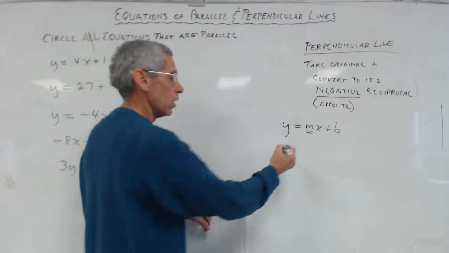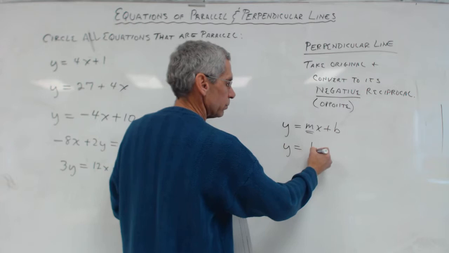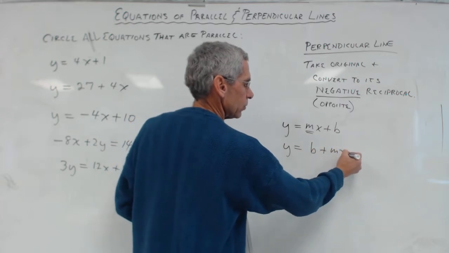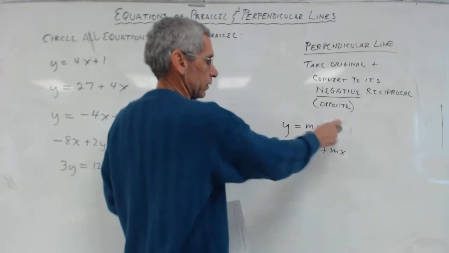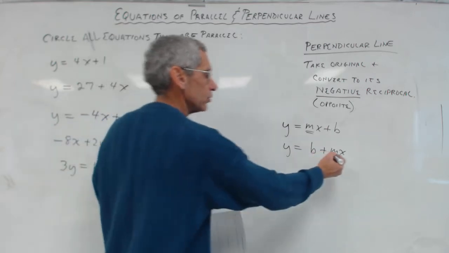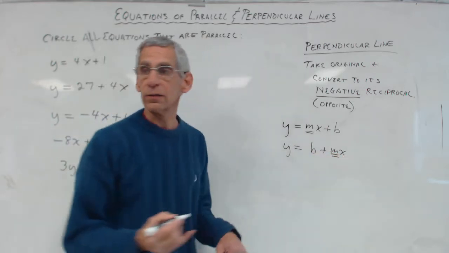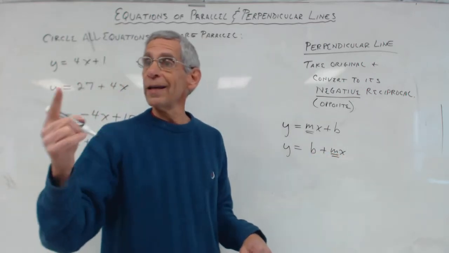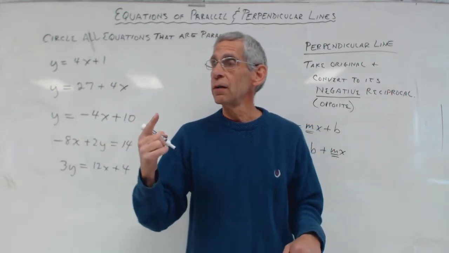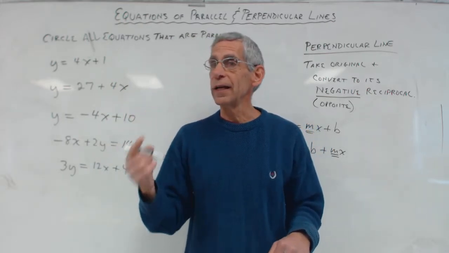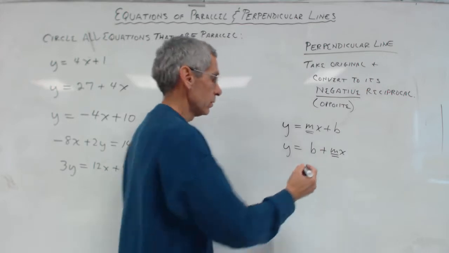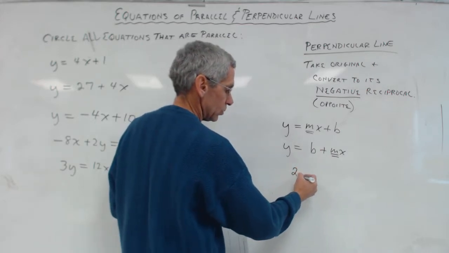I just flipped these, right? I still know the slope is the number in front of the x, right? But do I know the slope when it's in standard form?